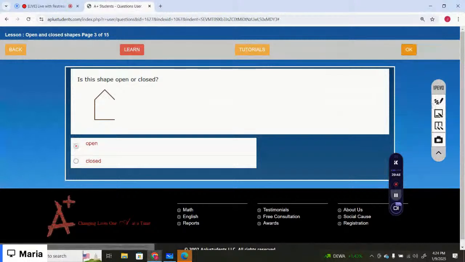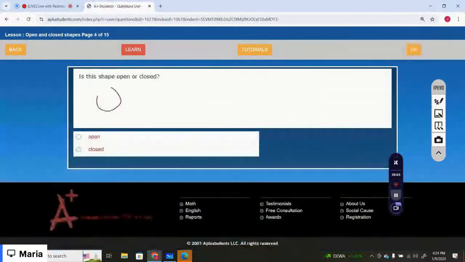Option number one is the correct option. That is an open shape. Okay, I think that is the easiest lesson. So let's just finish here. Let's just move on to the next lesson.